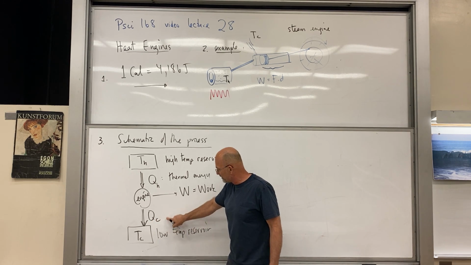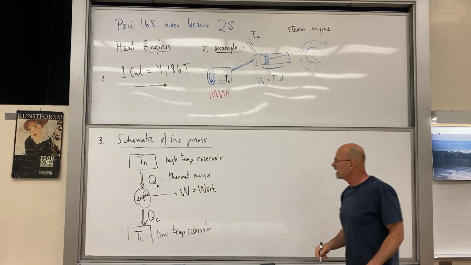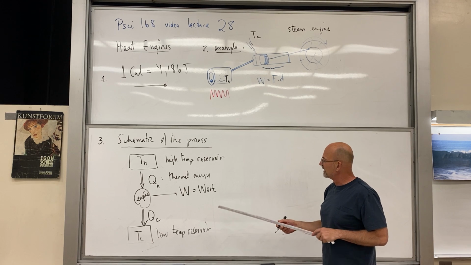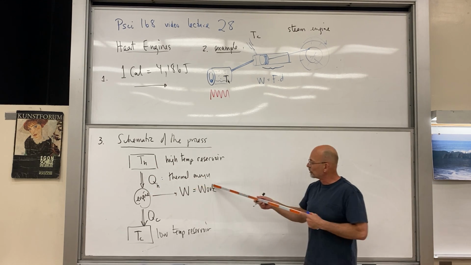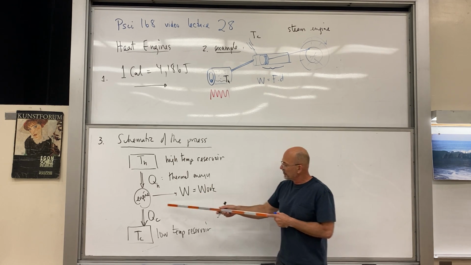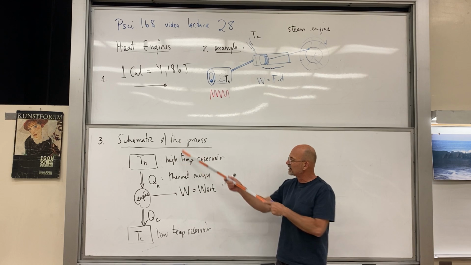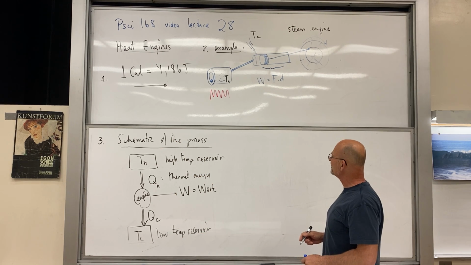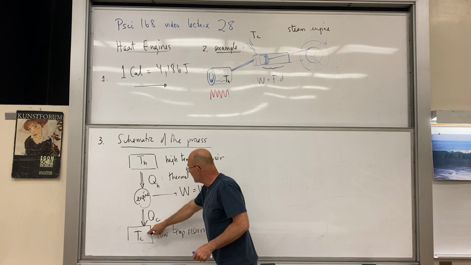So that C refers to T sub C, that H refers to T sub H. So that's the process, and it's supposed to be cyclic in that it repeats itself. You get the Q sub H, it does some work, you get the exhaust here, and you could say that was one cycle, and then it repeats itself. So that's the schematic of the process. And what do we have here? We have two temperatures.